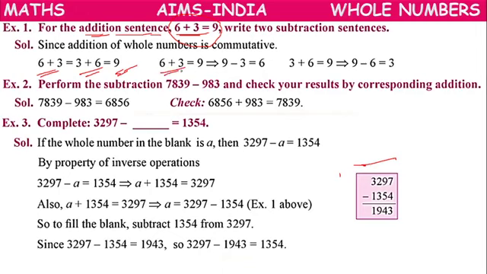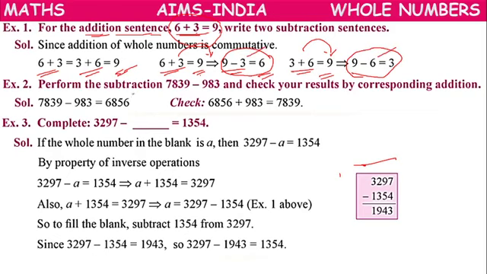If we take 6 plus 3 equals 9, if 3 comes this side, 9 minus 3 equals 6 we can write. This is the first subtraction sentence. Or if you have 3 plus 6 equals 9, if 6 comes this side, how can you write? 9 minus 6 equals 3. So for one addition sentence, you can write two subtraction sentences.